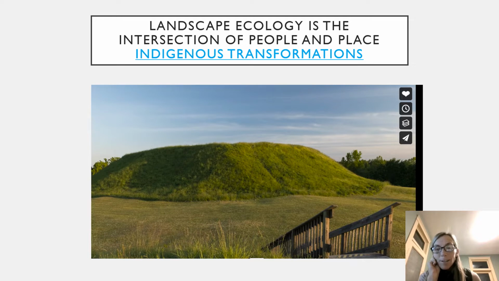So one of the largest of these mounds is over 30 meters tall. It covers 6 hectares, and really solely by packing mud and clay together by hand and moving that. So just incredible architecture, and a lasting imprint on the landscape.